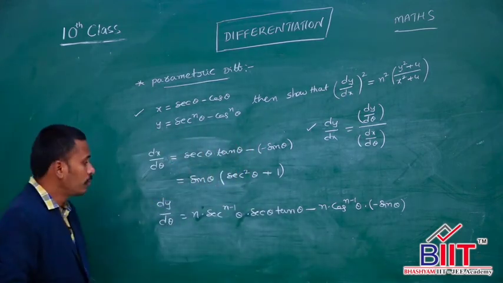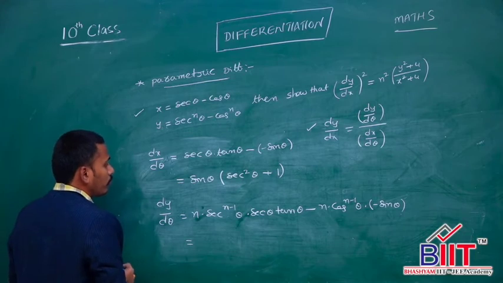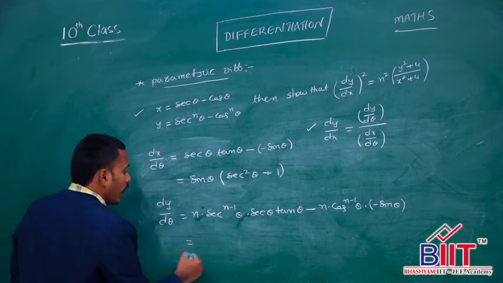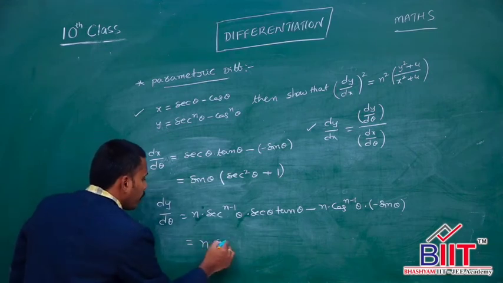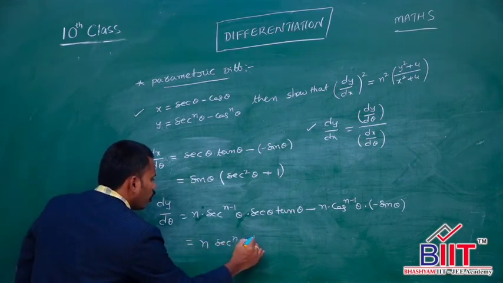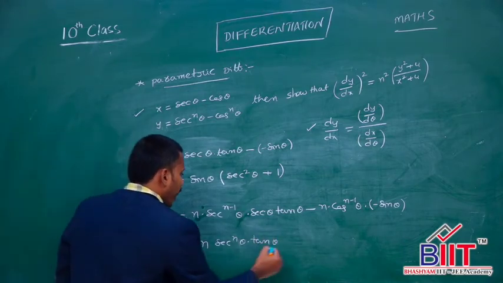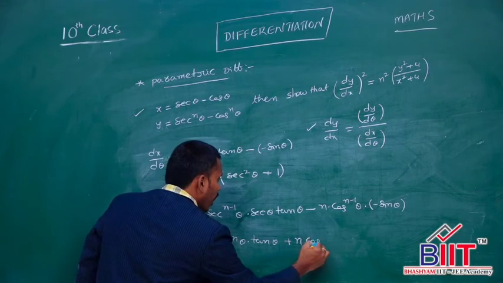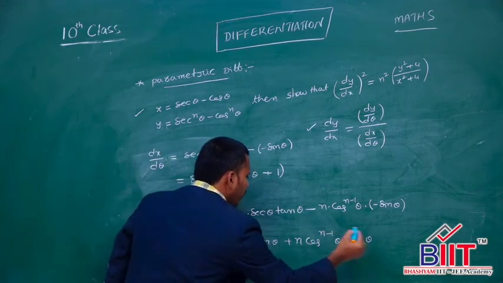You just have a look, right? This is equal to n into secant power n theta into tan theta plus n into cos power n minus 1 theta into sin theta.